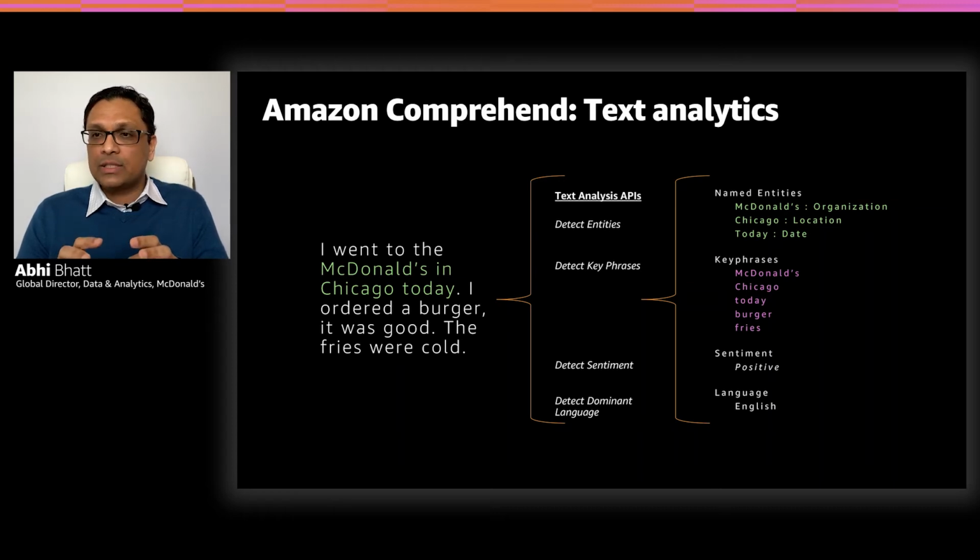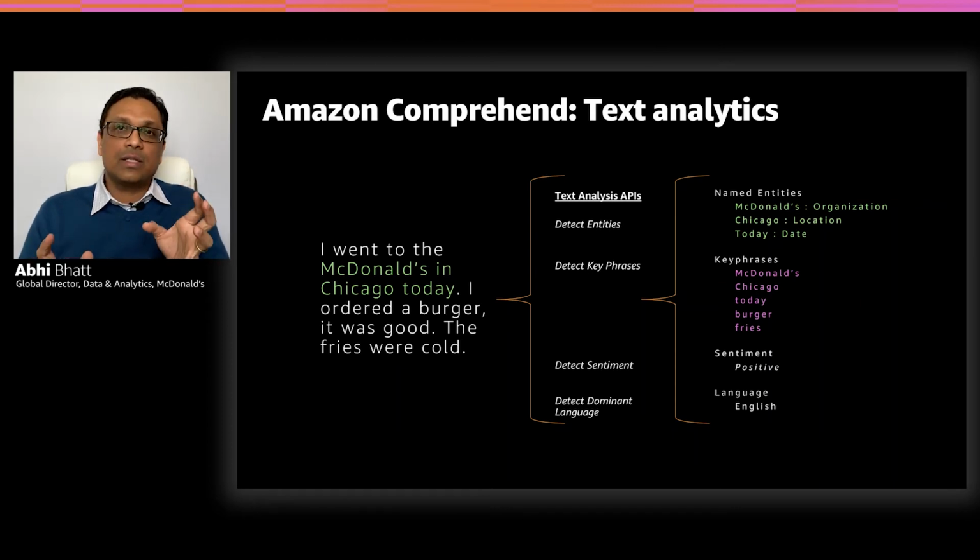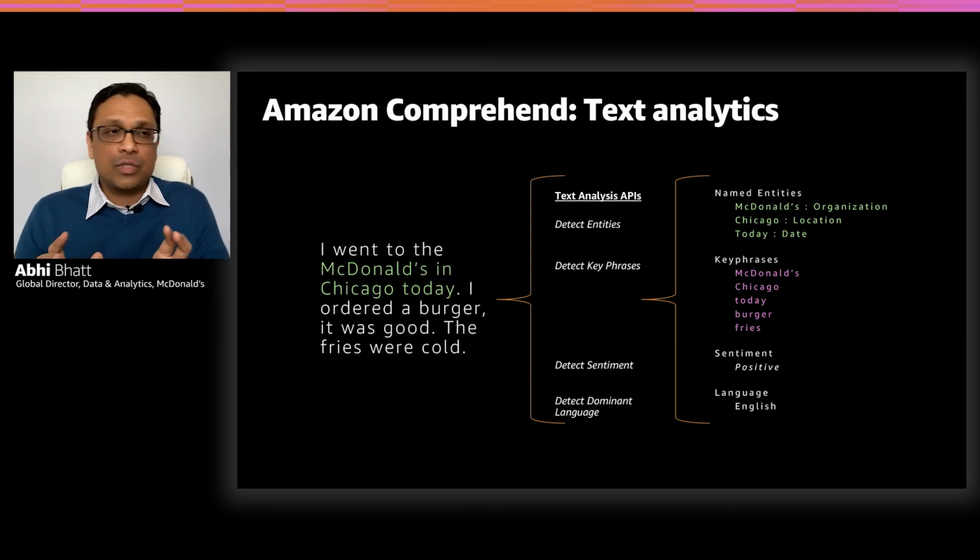As you can see from this, the named entities come out to be McDonald's as an organization, Chicago as the location, today as the date, with the key phrases being McDonald's, Chicago, today, burgers, and fries. The overall sentiment shows out to be positive, and the dominant language is English.